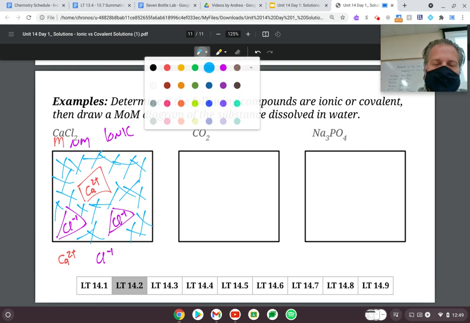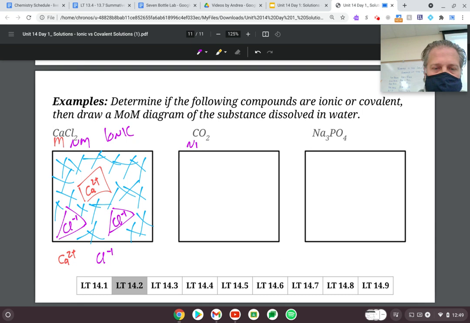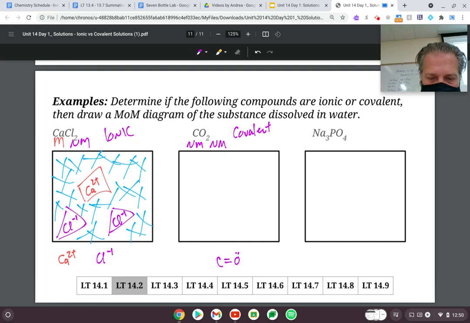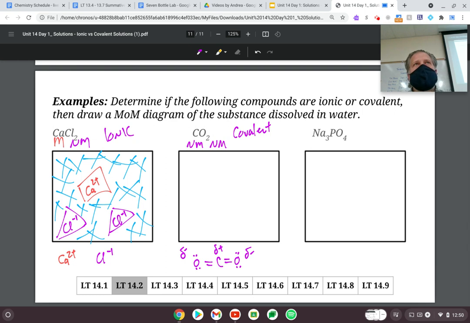CO2 is a nonmetal and another nonmetal, so that means it's covalent. And as a result of it being covalent, we have to decide whether or not it's polar or nonpolar. I'm going to draw it down here for you. Is this going to be a polar or nonpolar molecule? There are dipole charges in opposite directions, but they're equally pulling in opposite directions, so they cancel each other out.